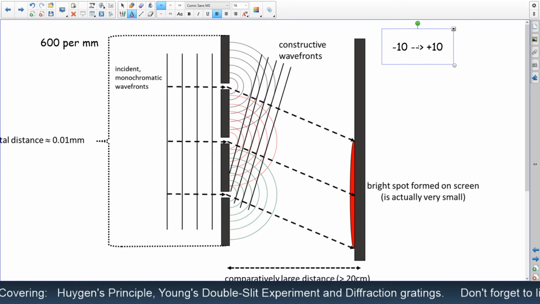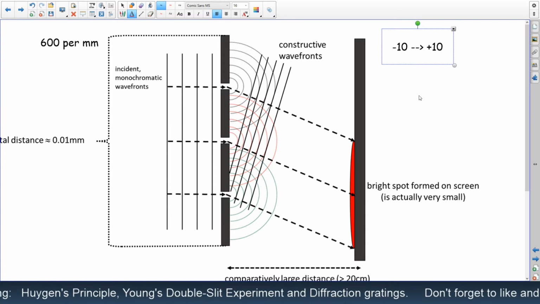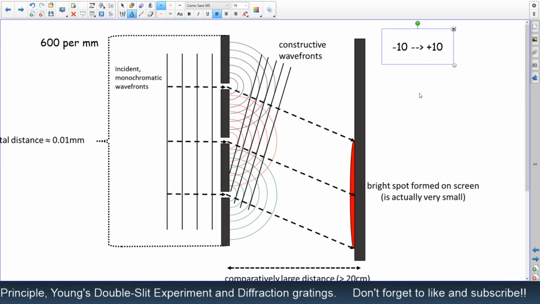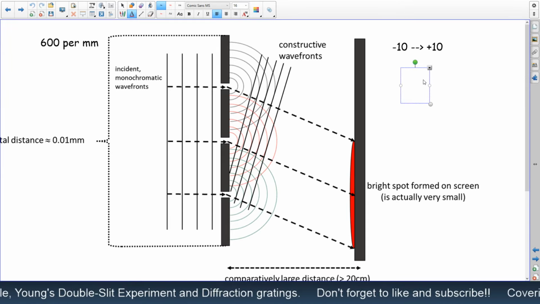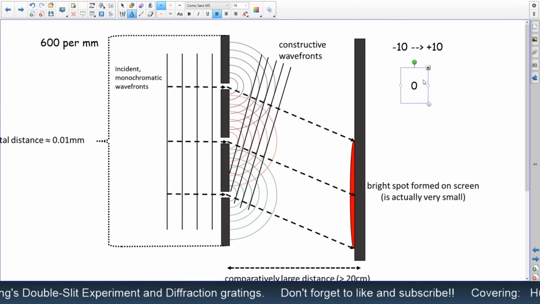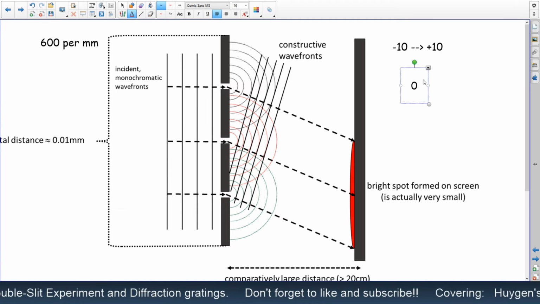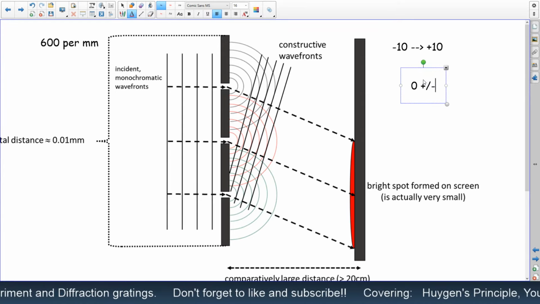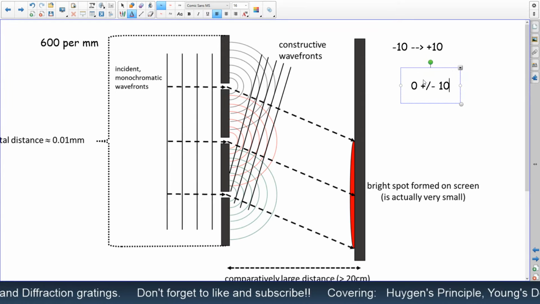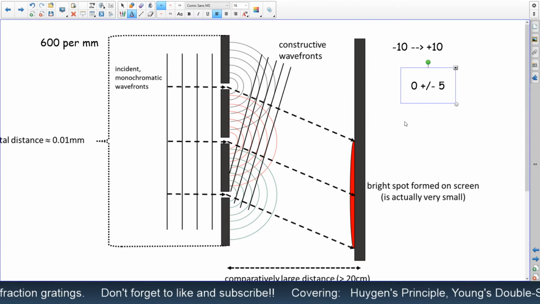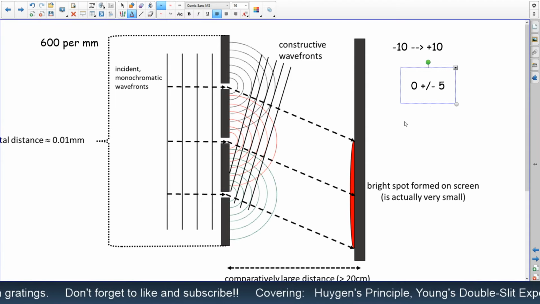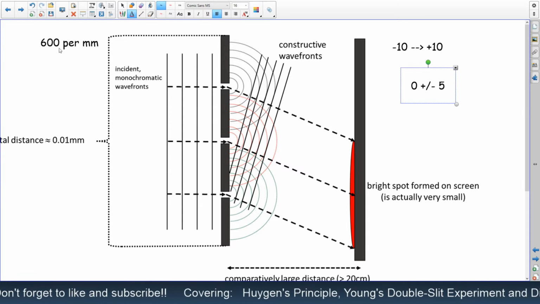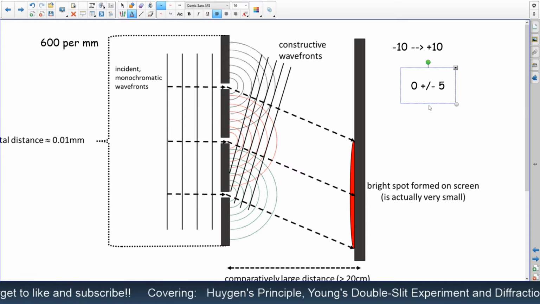Now, let's play this game randomly. If you chose 600 numbers randomly between -10 and +10 and then add them all together, the most likely result that you're going to come up with is 0. Okay, and certainly 0 plus or minus 10 or plus or minus, say, 5 is extremely likely. You're going to be somewhere in that region, and the more and more times you play this game, the more lines you have per millimeter, the better this game gets.